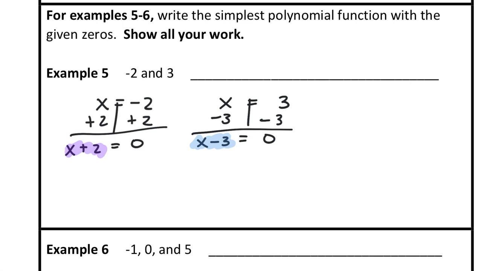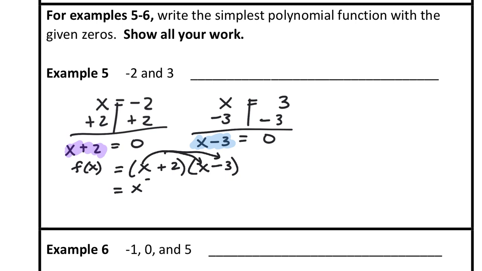So I can write them as x plus 2, x minus 3. Multiply x times x, x times negative 3, x squared minus 3x.